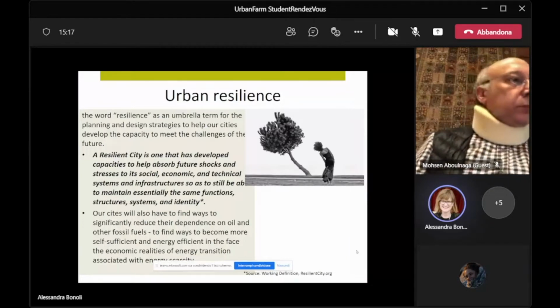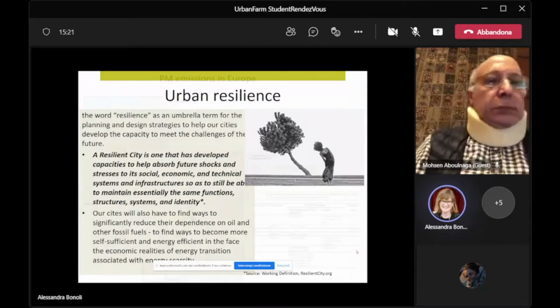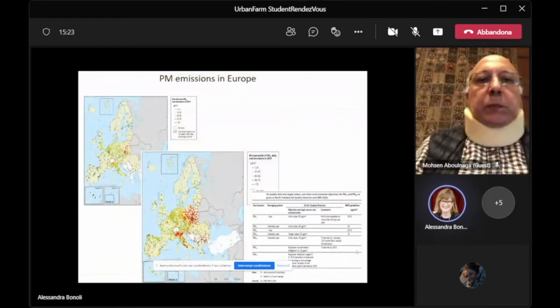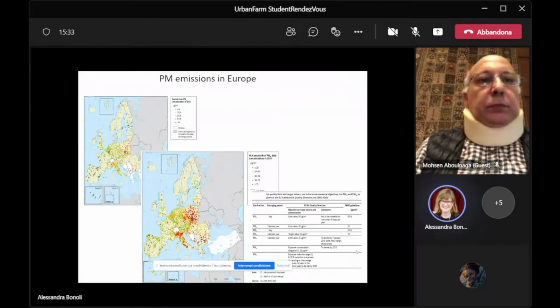And the new conditions are related to climate change challenges we are in front of. Climate change means also other issues.